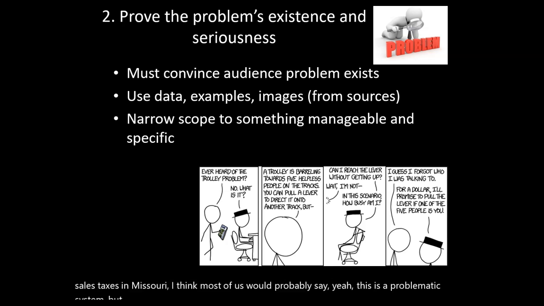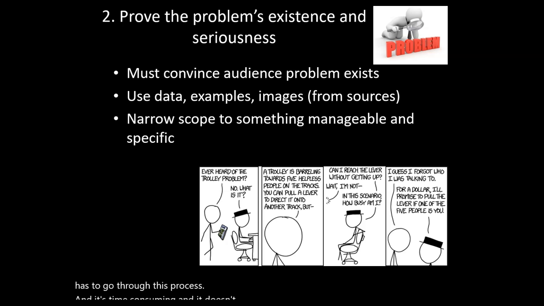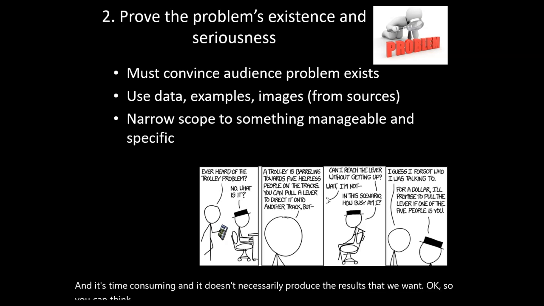But if it's something at Merrimack, you have to prove that, you know, the 8,000 students or 10,000 students that we have, whatever number we have at Merrimack, everybody has to go through this process, and it's time consuming and it doesn't necessarily produce the results that we want. Okay. So you can think about your topic in terms of how easily can I prove the seriousness of it? How do I convince people that this is something real?